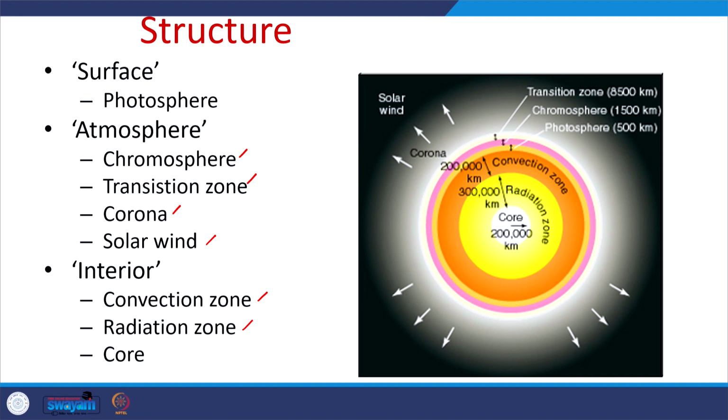The core is, of course, the dimensions are clear. The radiative zone, energy transfer is going on. Energy transfer within the radiative zone is happening by means of electromagnetic radiation, because all the atoms and molecules are completely stripped of their electrons.